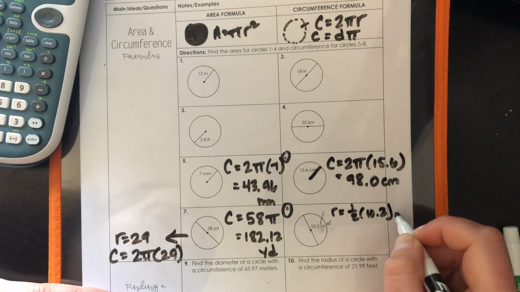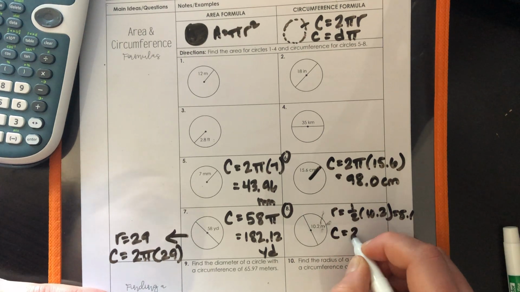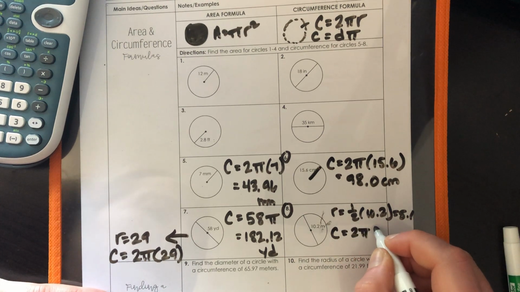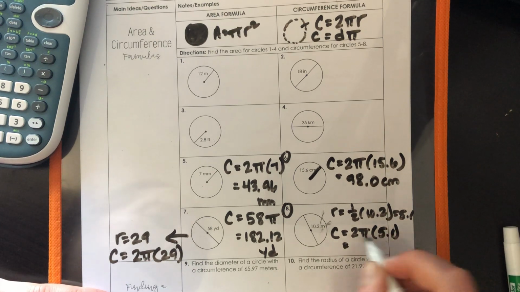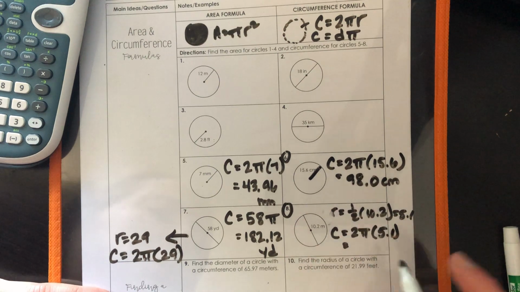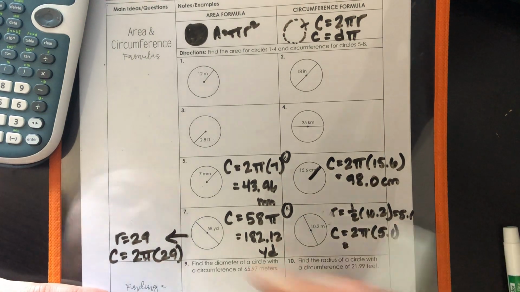So our radius is 5.1. So circumference equals 2 pi. R we found is 5.1. Now if you like diameter pi, by all means, because notice 5.1 times 2 gets you back to 10.2.